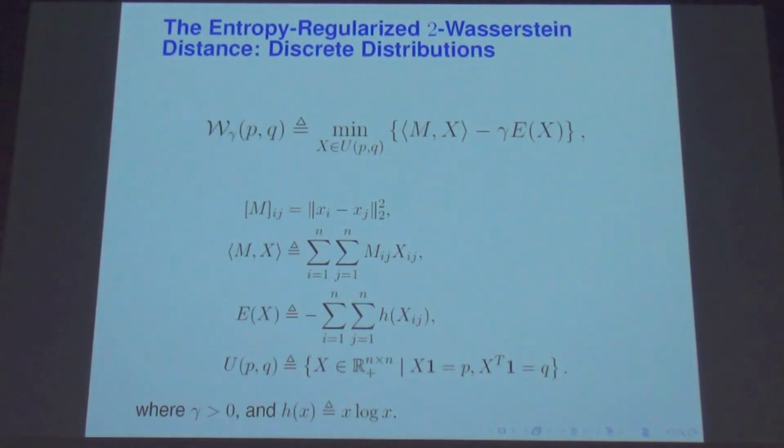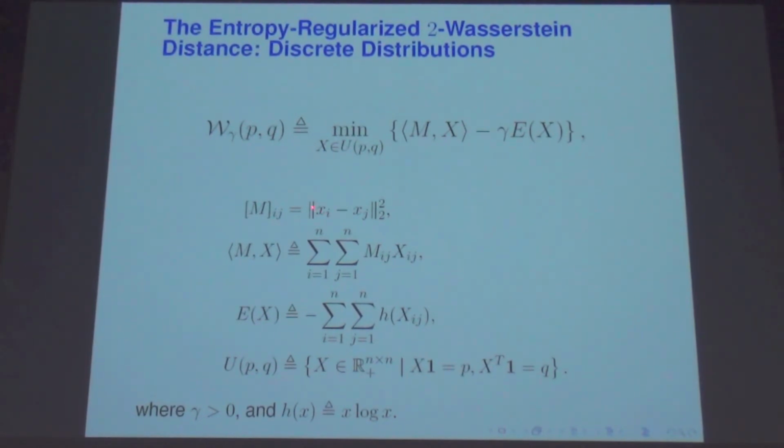And for the discrete case, the entropy-regularized Wasserstein distance between two finite distributions P and Q is the minimal cost of this optimization problem, which is the inner product between the matrix M and X. We are optimizing over the space U(P,Q), which is the set of matrices with marginals P and Q. E is, of course, entropy.